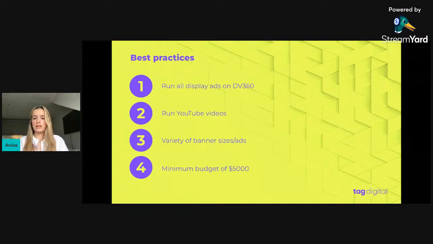And make sure to have different looking banners for different types of audiences depending on where they are in the funnel. And make sure to have them available in as many sizes as possible to fit as many ad spaces as you can to increase your visibility.